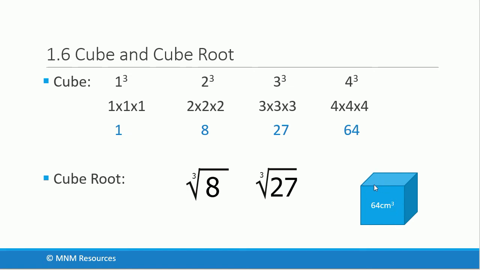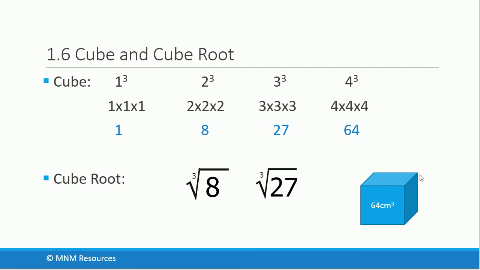So, for example, if you knew that the length of a cube was 2 centimeters, to calculate the area of the cube, you would multiply 2 by 2 by 2. So, 2 to the power of 3 or 2 cubed to give you the area of 8 cubic centimeters, because the length, the width and the height are all equal to each other and they're all 2 centimeters in that example.